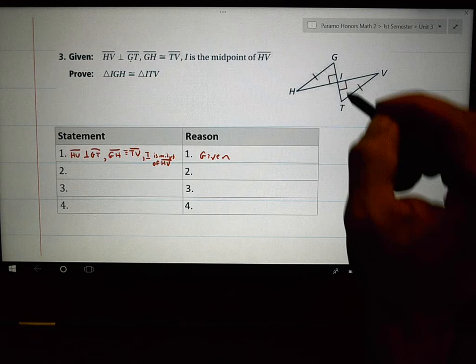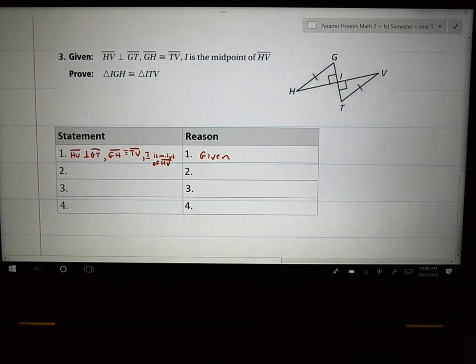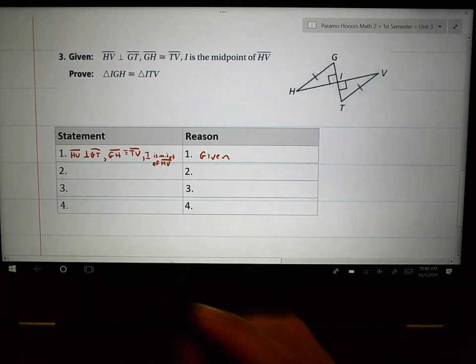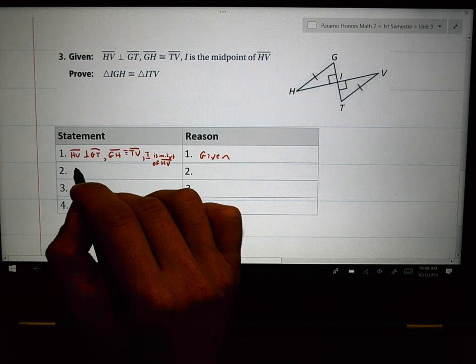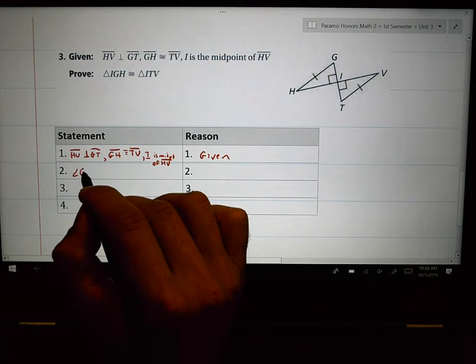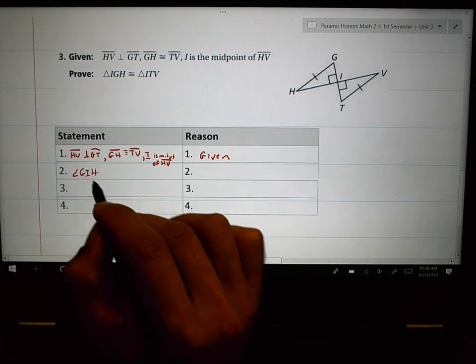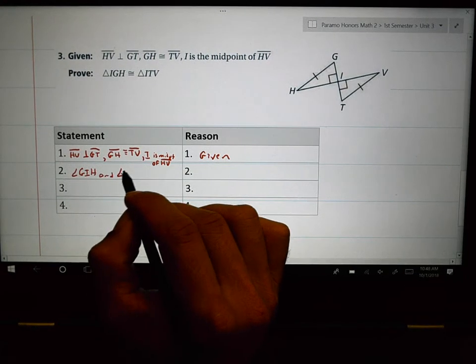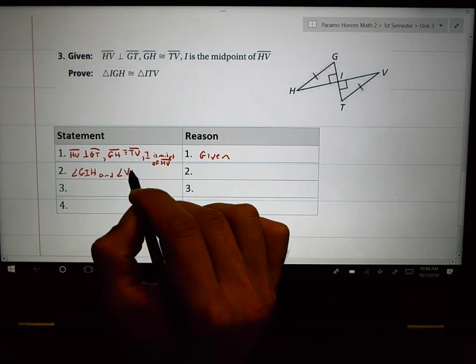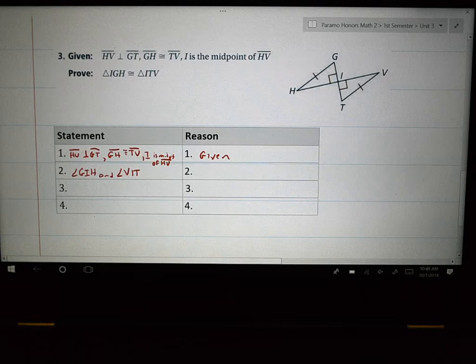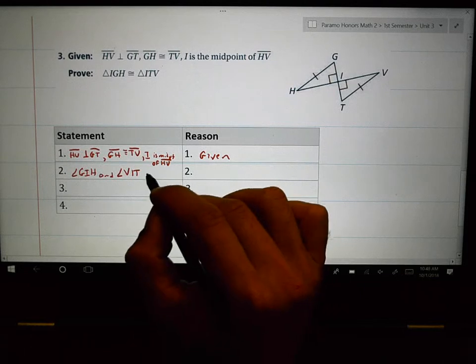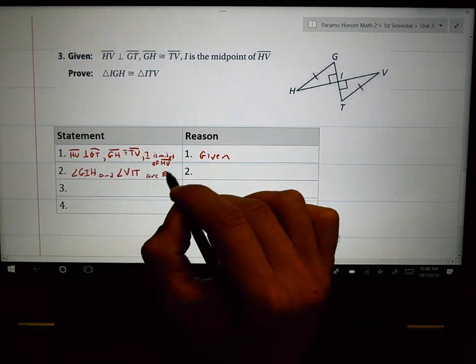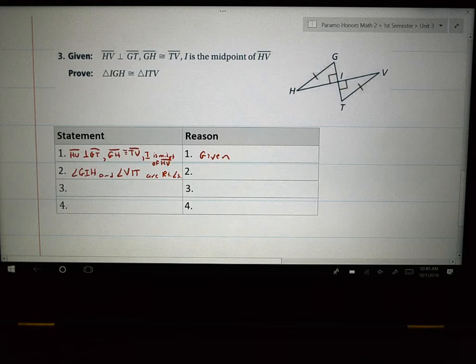You need to be able to tell me that they are right angles, and that has to be its own separate statement. You have to be able to tell me angle GIH, or HIG, same one, and angle VIT, or angle TIV, same thing, are right angles.